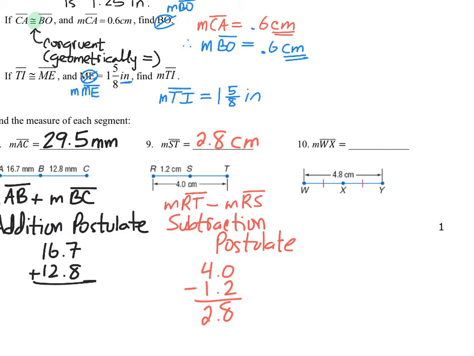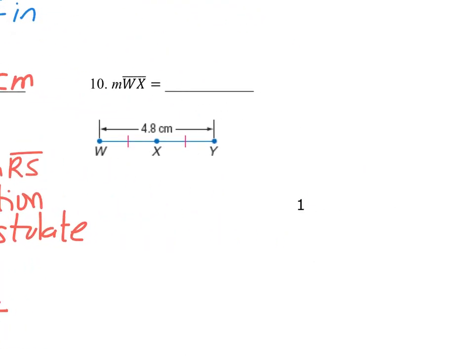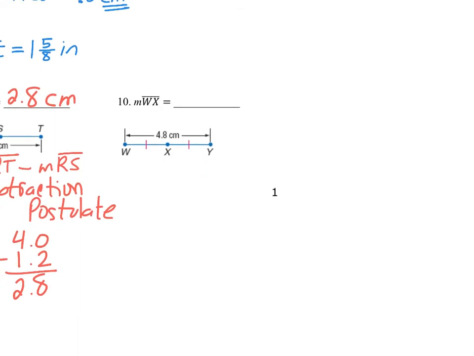All right, so WX in number 10, it seems like we don't quite have enough information, but if you count tick marks, you can see that we have exactly the right amount of information. All right, so this X cuts that distance in half.